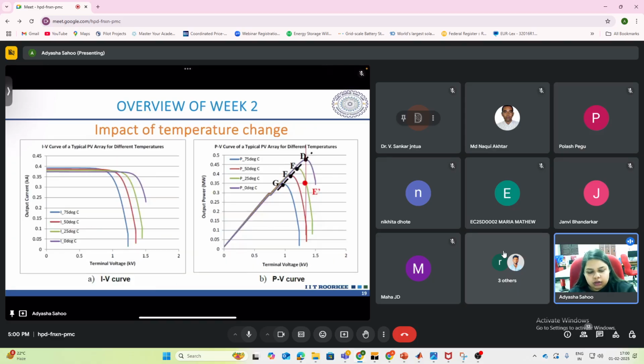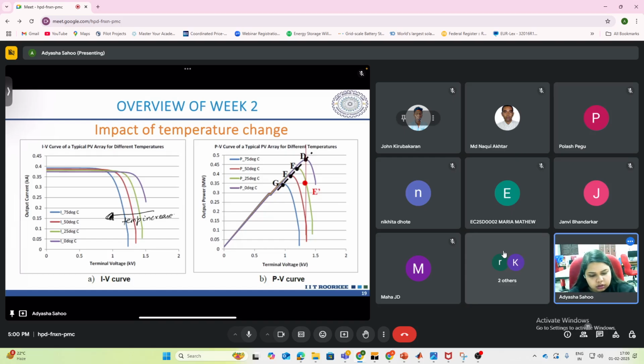The next is the impact of temperature change on the output. So here in this direction, as the temperature increases, the output voltage is decreasing and the output current is increasing.